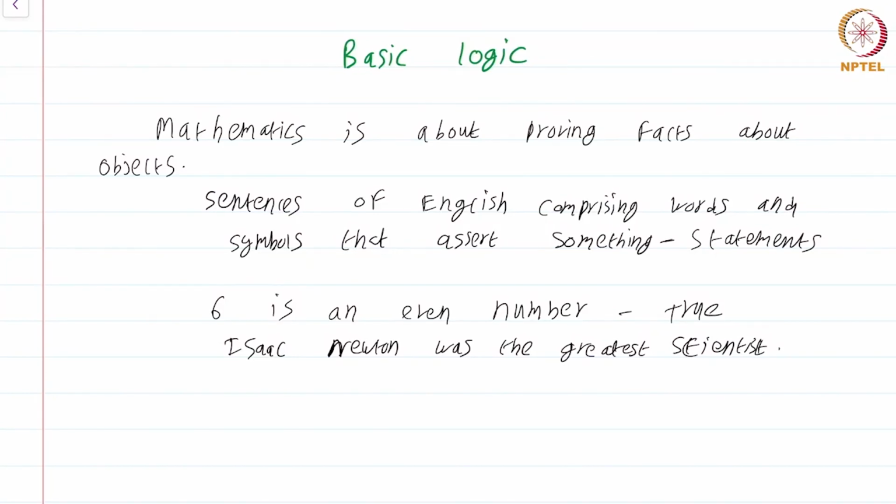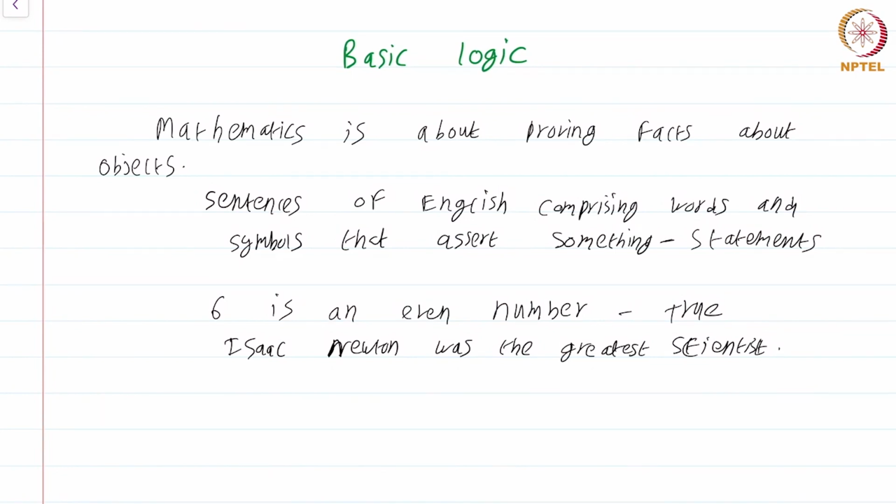Now you might ask, well, why is 6 an even number? That's a fair question. Mathematics essentially defines what 6 is and defines what an even number is. Then it is the goal of the mathematician to show that 6 is an even number.